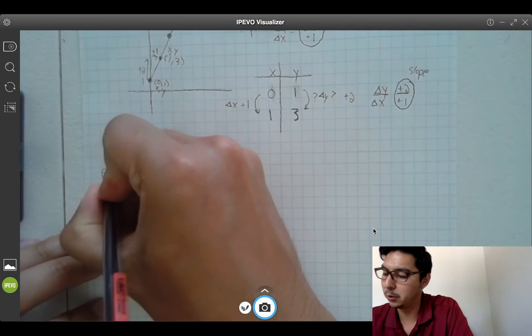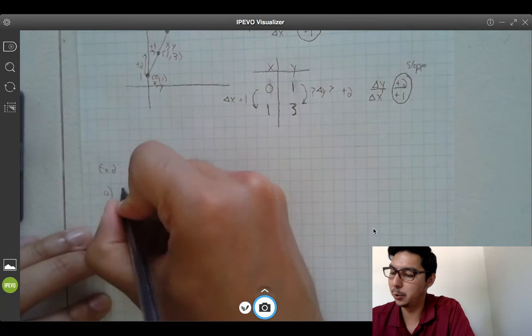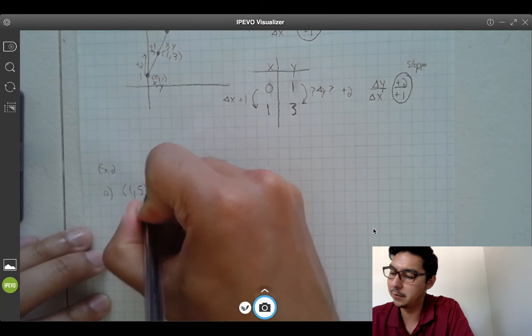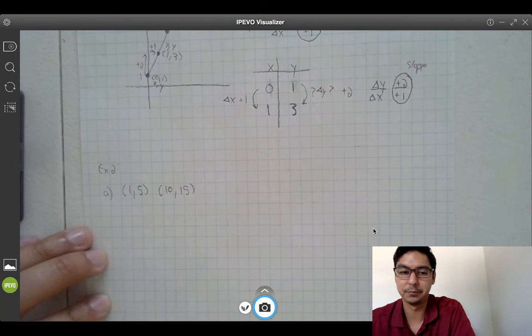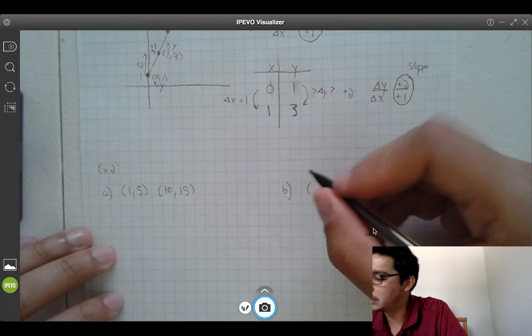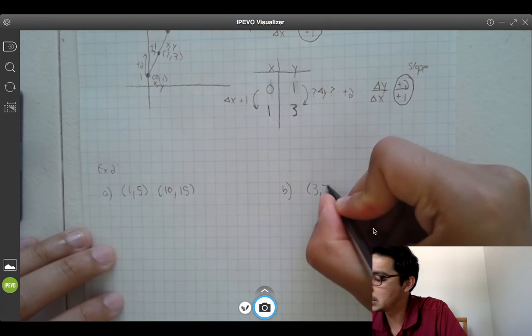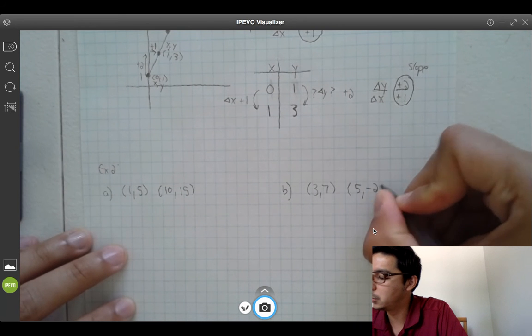So example 2, and we'll say A, what's the slope between the point 1, 5 and 10, 15? And we'll look at a second example of the point 3, comma 7 and the point 5, comma negative 2.